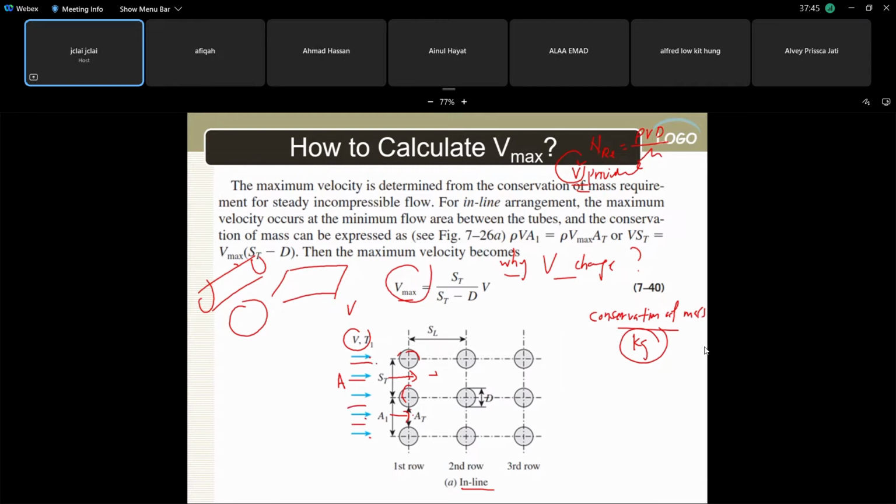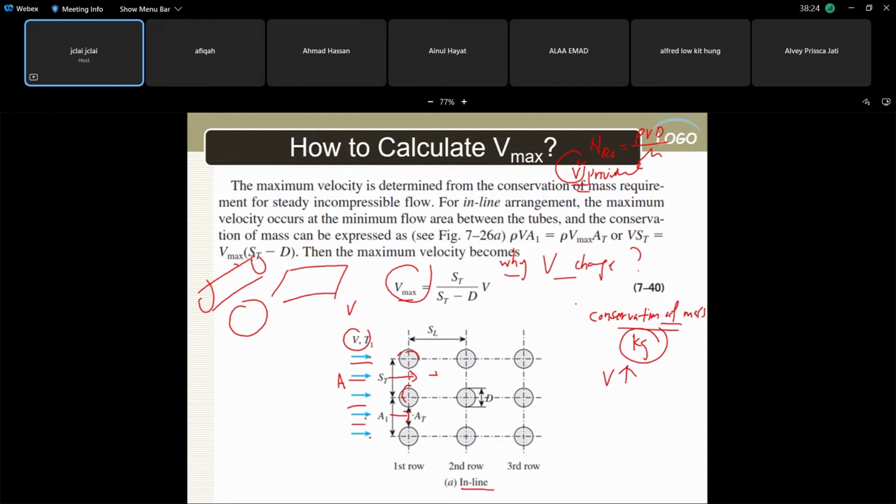But here we have a smaller area for the fluid to pass by. So what will happen to the flow if we want to maintain the same amount of fluid flowing past? Of course, the V will increase. You need to flow faster so that the same amount of fluid can pass by.